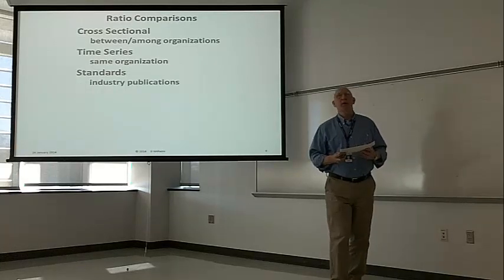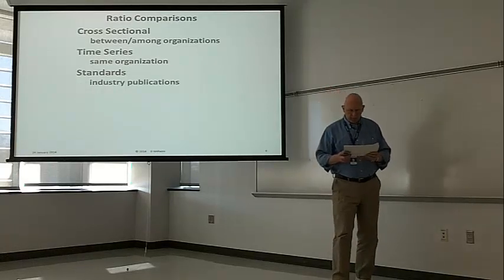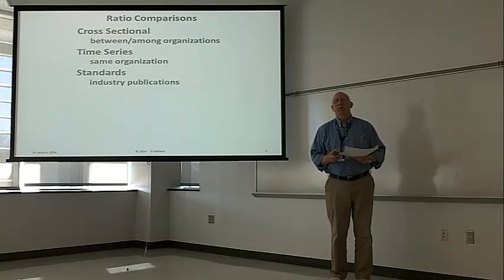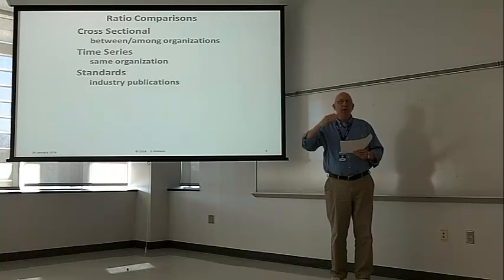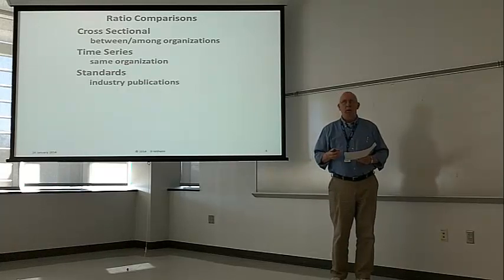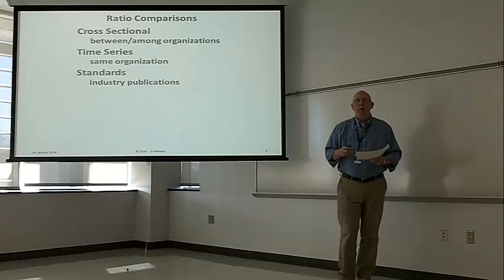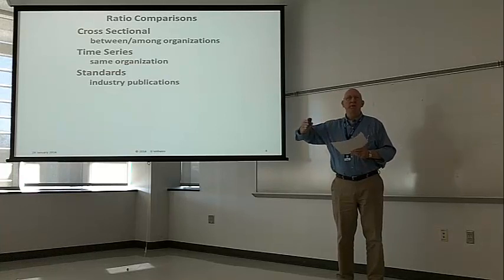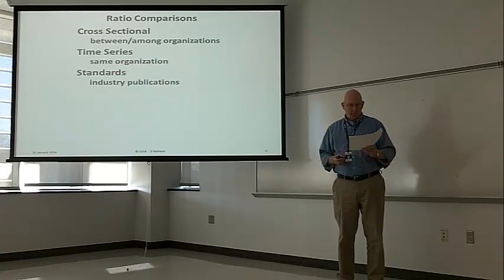There are at least 3 ways to use these ratios. We can compare them among organizations. That is, we can look at another organization similar to ours, look at these ratios, and make a judgment whether we're doing better or worse in various areas. We can do a time series where we look at our own organization's performance over a period of time to see how it's changing.